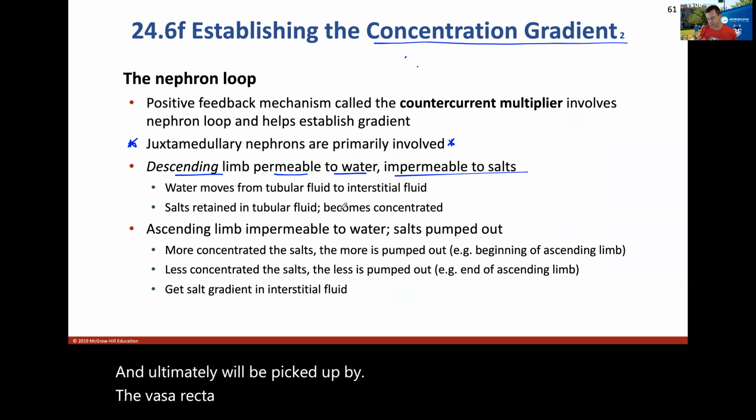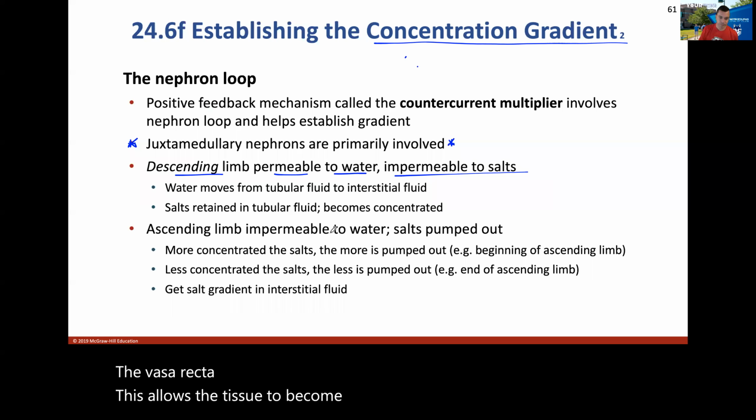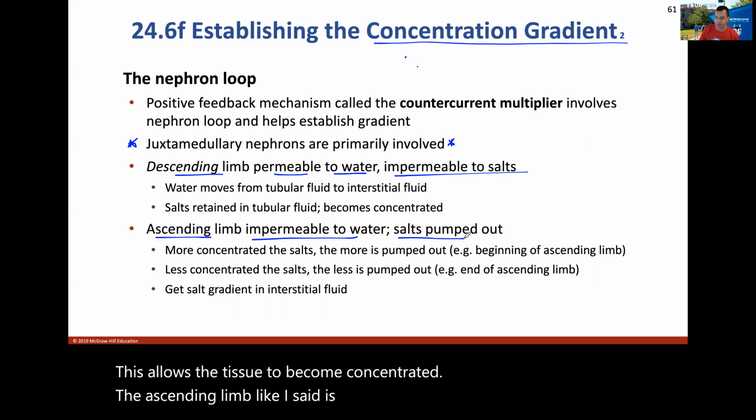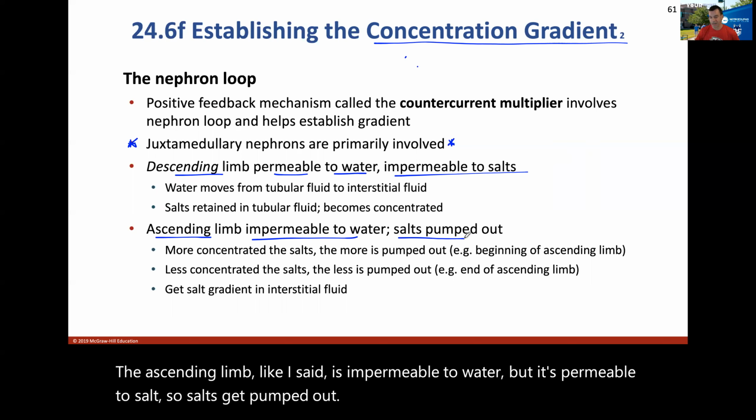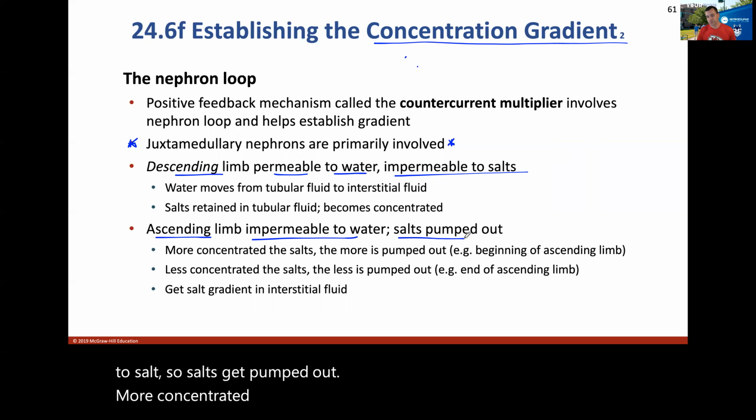This allows the tissue to become concentrated. The ascending limb, like I said, is impermeable to water, but it's permeable to salt, so salts get pumped out. More concentrated the salts, the more is pumped out. And we saw that when we looked at regulating glomerular filtration rate.